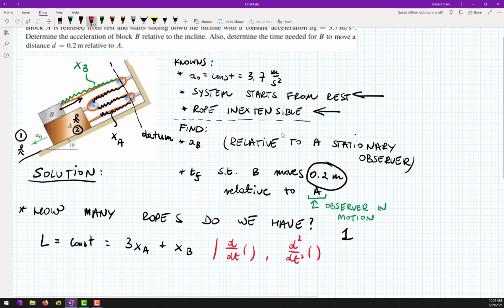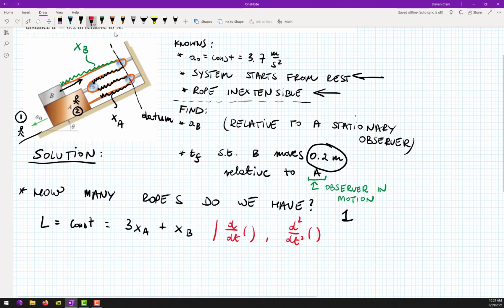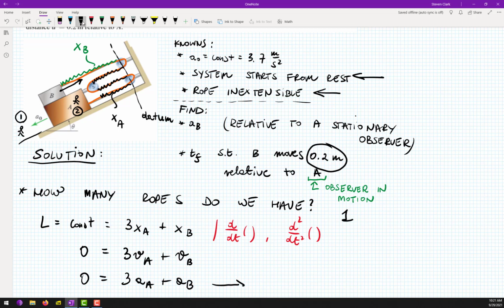We will end up with 0 equal to 3 VA plus VB, and 0 equal to 3 AA plus AB. And we already see that our AB is equal to negative 3 AA.